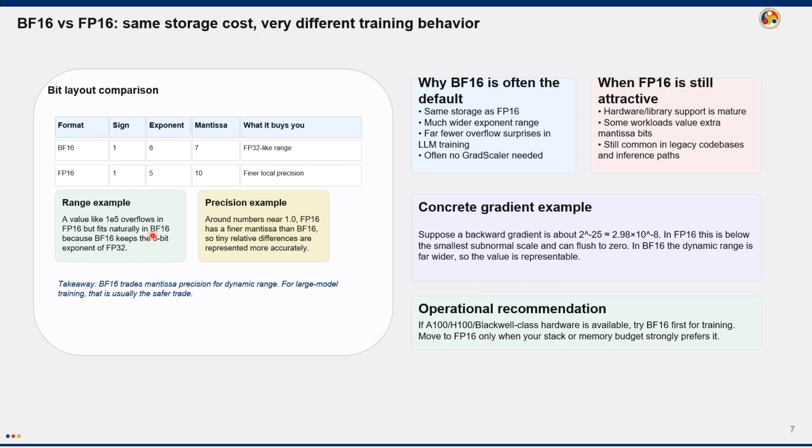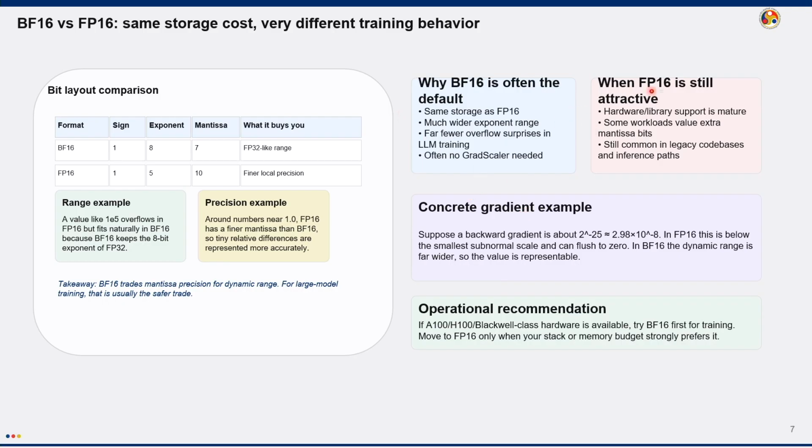BF16 keeps the 8-bit exponent of FP32, so the dynamic range is wider. It has the same storage as FP16, however it has a much wider exponent range. That way it is the default choice for reduced precision computation.